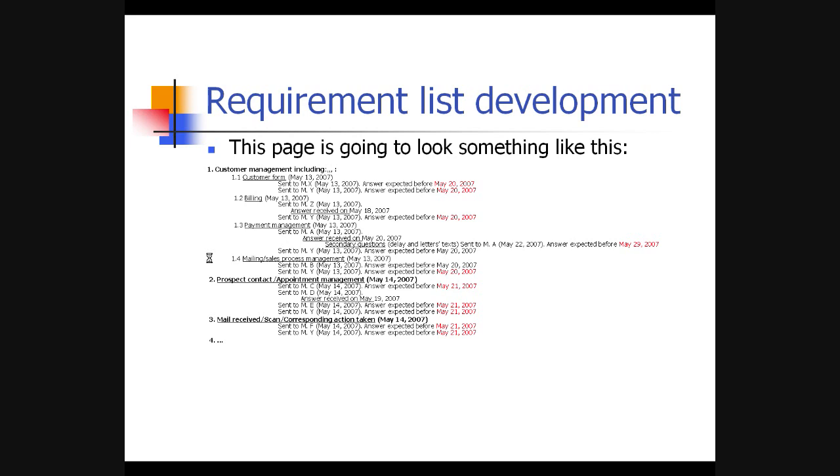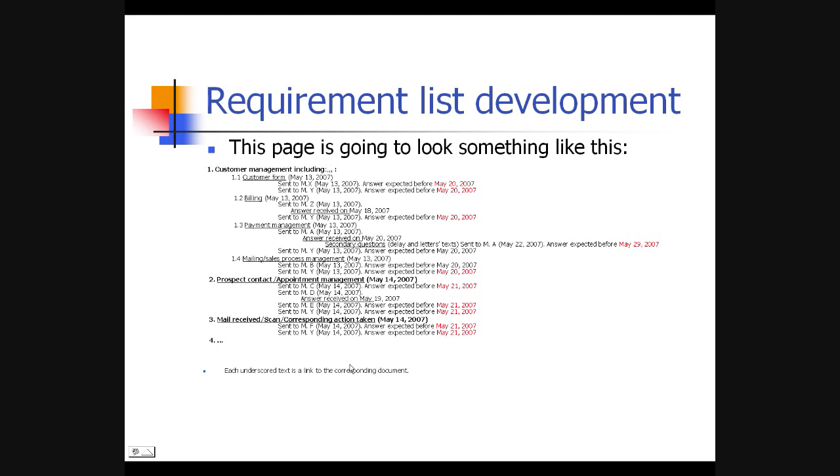What is remarkable on that list is that each underlined text, for example customer form here, billing, is a link to the corresponding document. You're not going to put the whole question and answer thing in one document like that, not for managing the question and answer process.